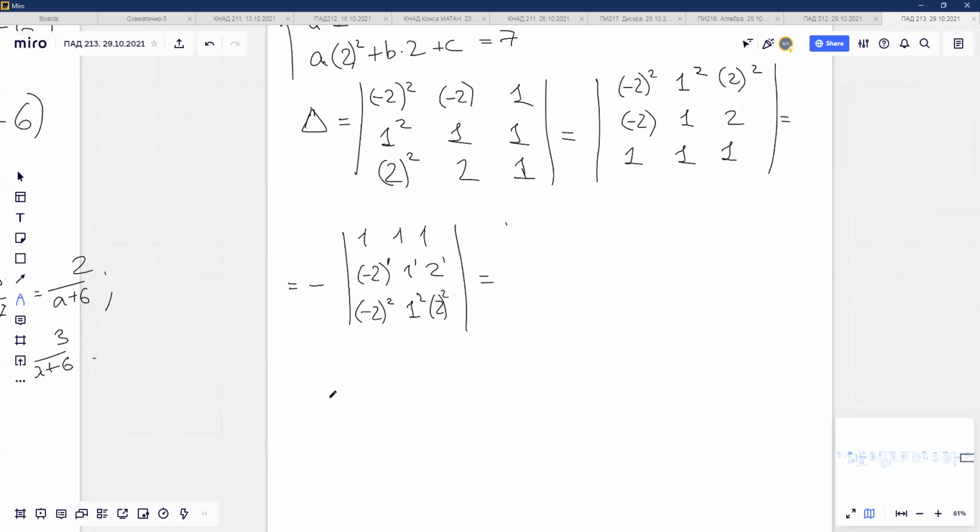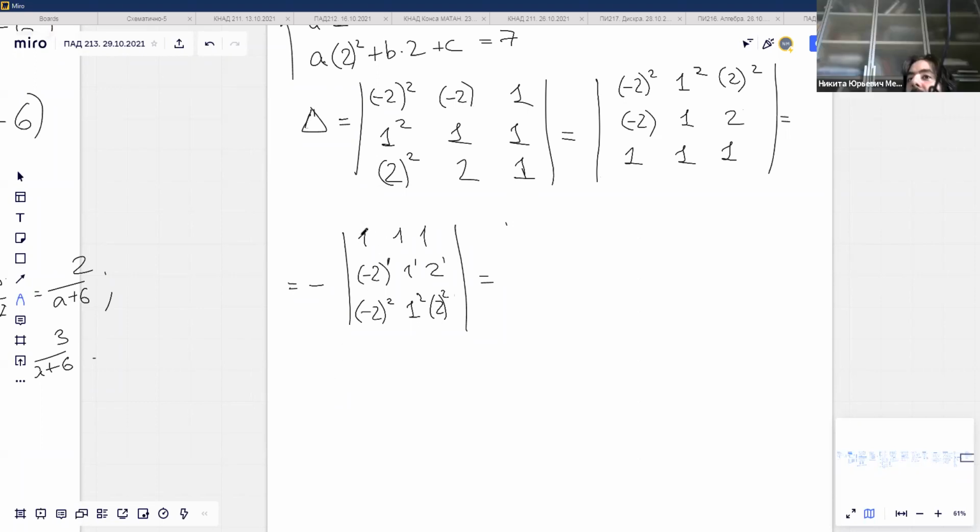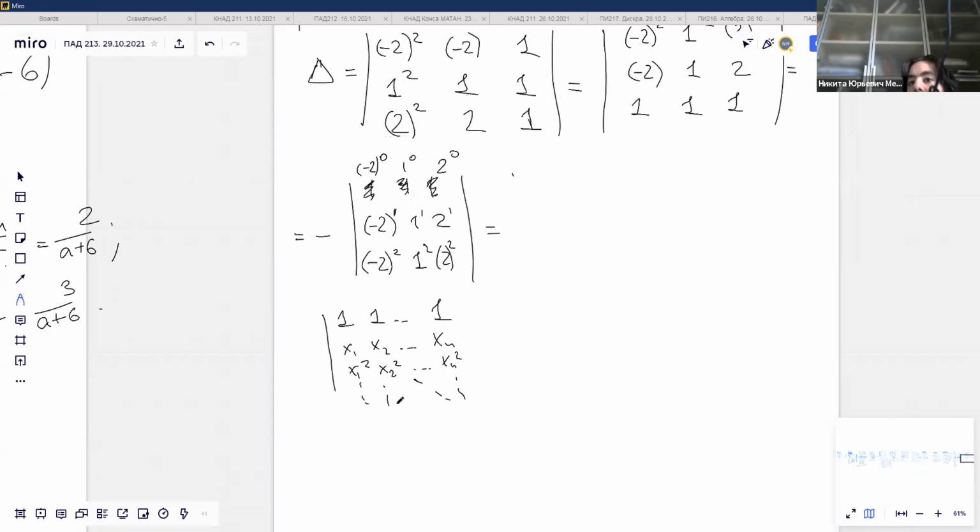Can we suppose that the first row is like the second, but in the power of 0? Yes, it is. So there are some elements that are in some powers in each row. You should remember this matrix from the last time.